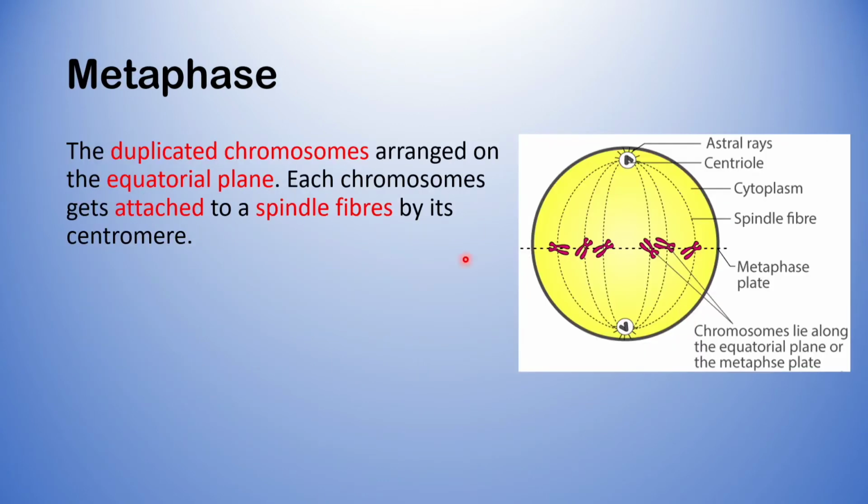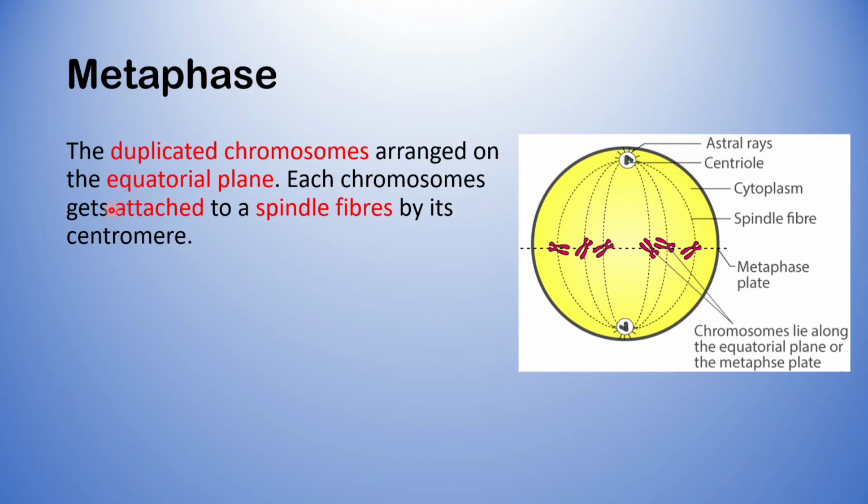Now in metaphase, the chromosomes line up like this. This is the spindle fiber, and the chromosomes are lined up in a plate-like structure called the metaphase plate. The duplicated chromosomes are arranged in the equatorial plane, called the metaphase plate.